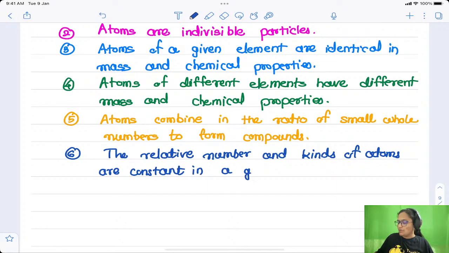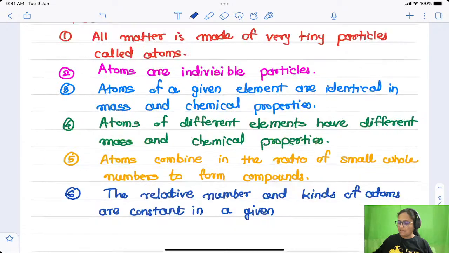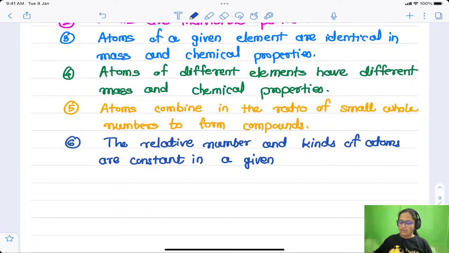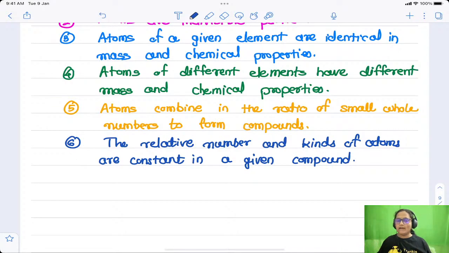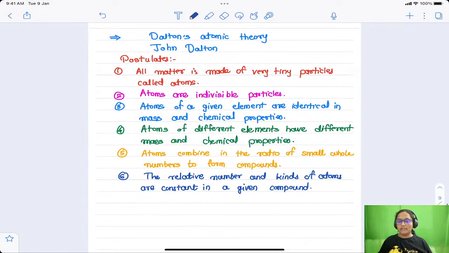These last two postulates are on the basis of the law of constant proportion. Like in water, I have told you this example. Whatever the source, all molecules of water from all sources will have the same molecular formula, that is H2O. Yes, so these are the postulates of Dalton's atomic theory.